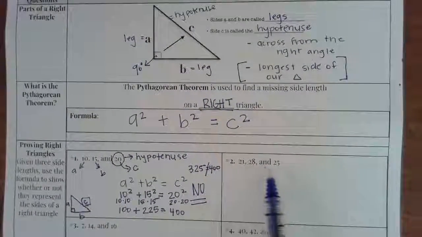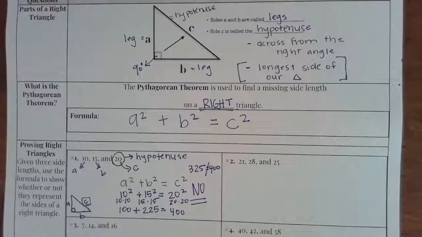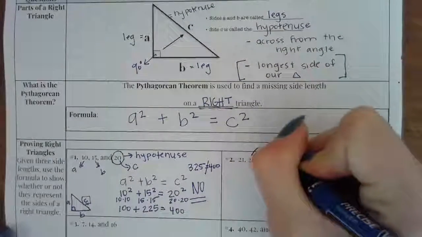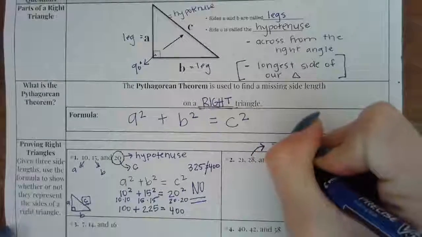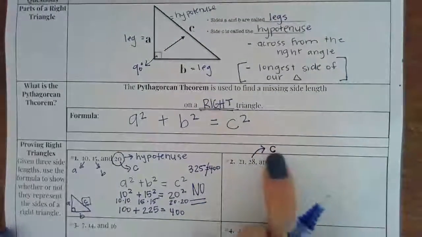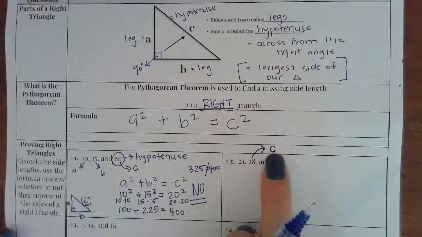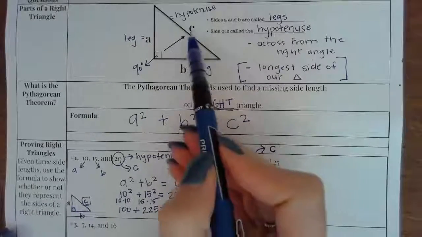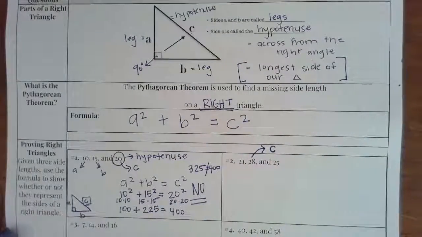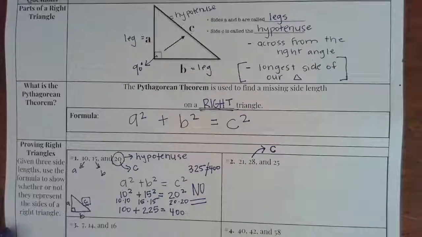21, 28, and 25. Which number is the largest? 21, 28, or 25? Right, 28. 28 is the biggest number, which means that has to be my hypotenuse, or what we call C. So C is always going to be our hypotenuse, the longest side.